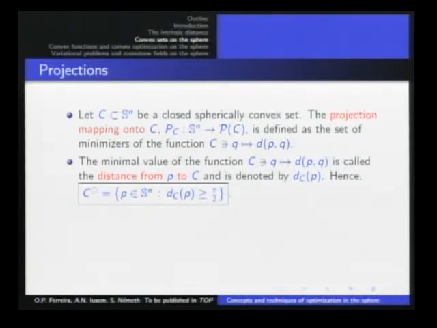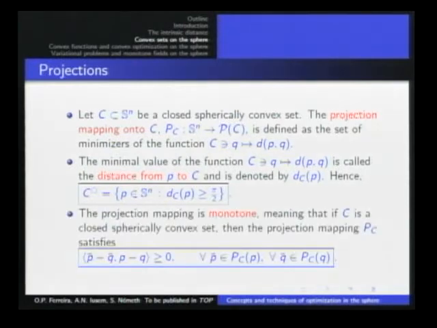The minimal value of the distance is called the distance to C, the minimum distance from P to a point in C. So we can say that the polar set is the set of points at distance bigger than pi over 2.